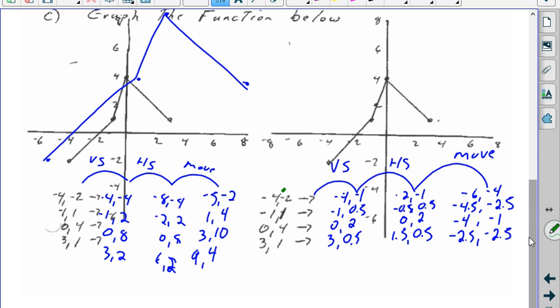-6, -4, -4.5, -2.5, there, -4, -1, and -2.5 and 2.5. A little hard to see because of my plot, but for me, yes, sometimes I will do this without my points, and I make mistakes.